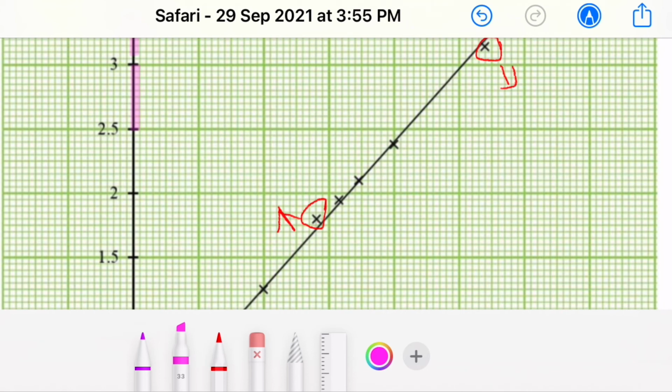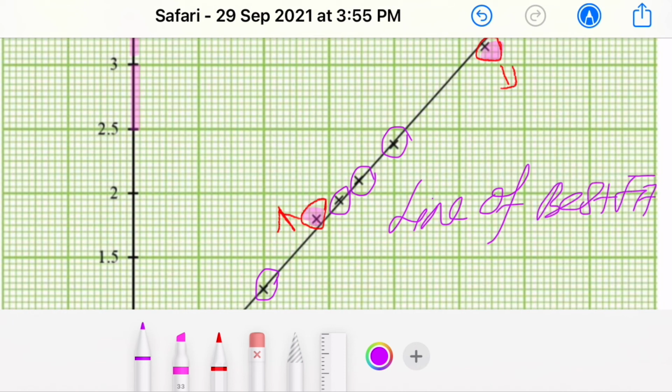We have one point above, one point below, that is balanced, and make sure it passes through as many points as possible on the line. So we have 4 points on the line, 2 points off, 1 above, 1 below. That's called the line of best fit, right?